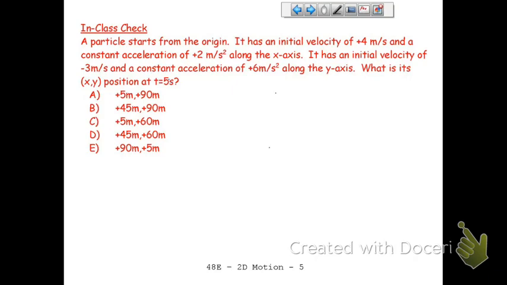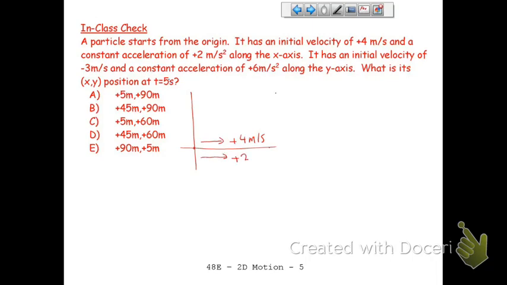Particle starts from the origin. Initial velocity of plus 4 meters per second and a constant acceleration of plus 2 meters per second squared along the x-axis. So they're both positive. Plus 4 meters per second.